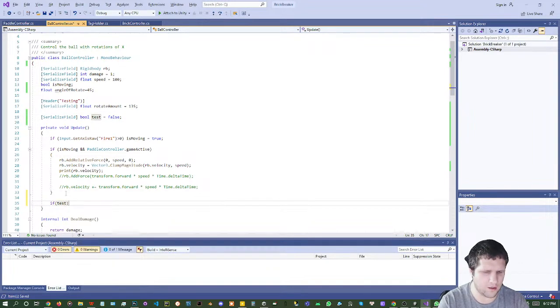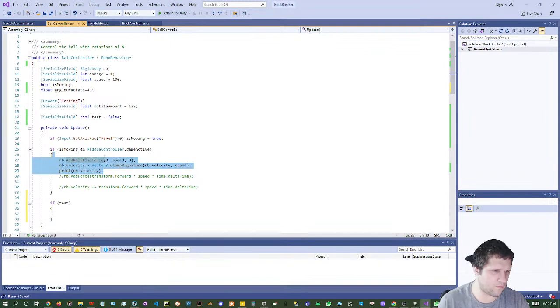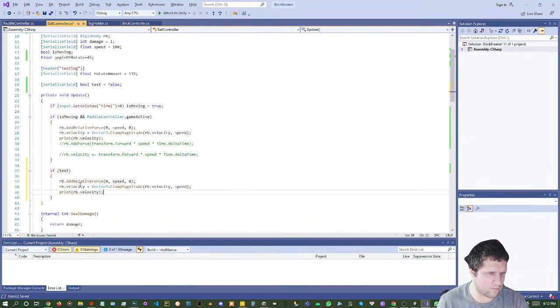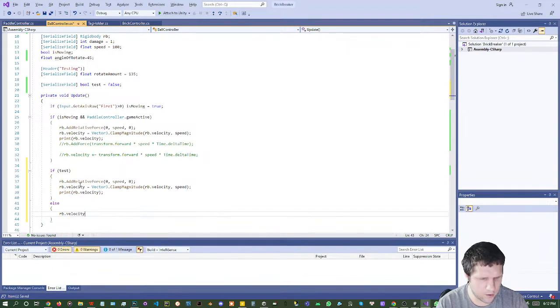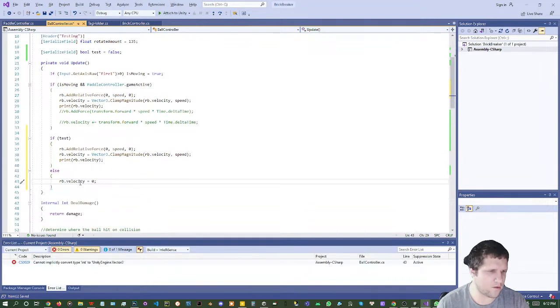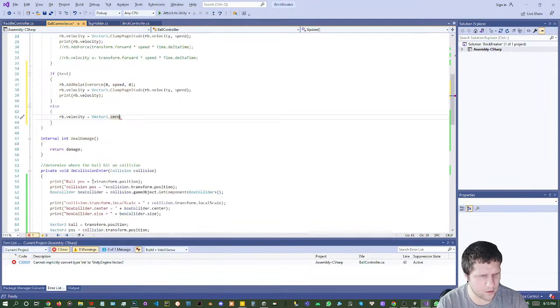Then we say if test, else RB.velocity equals Vector3.0.